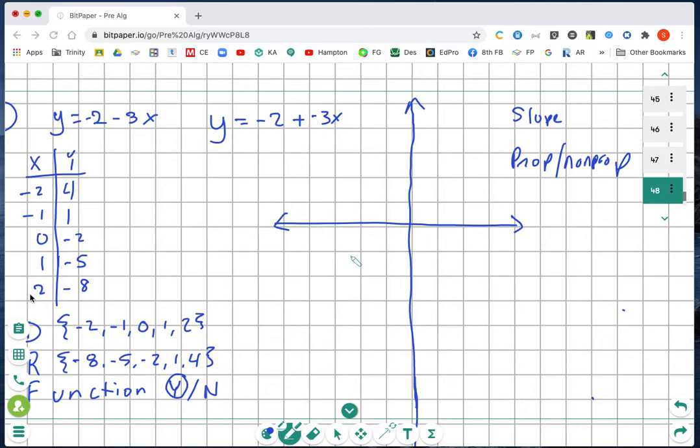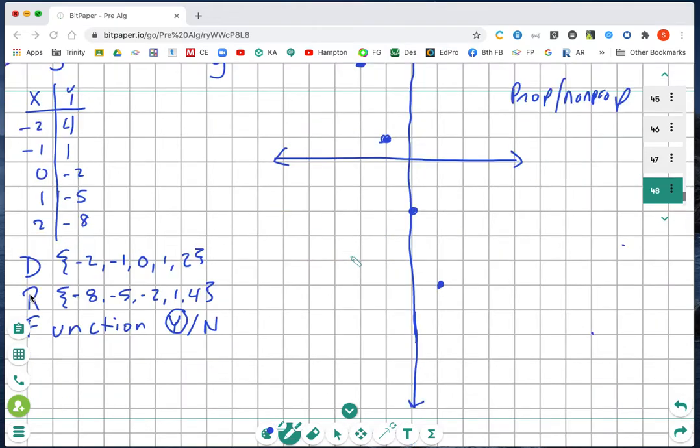Now I'm going to graph it. So -2, 4. -1, 1. 0, -2. 1, -5. And then I have 2, -8.